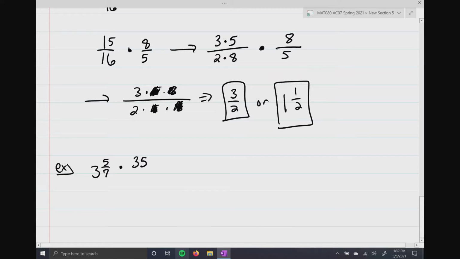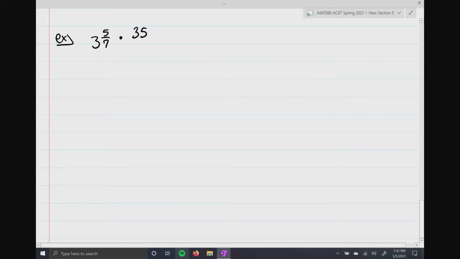Did anybody get an answer yet? 130. I have no idea if that's correct because I didn't do the problem, but I'm going to write it off to the right. So, what is the one thing that we noticed about this problem that we really can't just multiply from left to right yet? We have a mixed fraction and then a whole number. Good, we got a mixed fraction and a whole number.